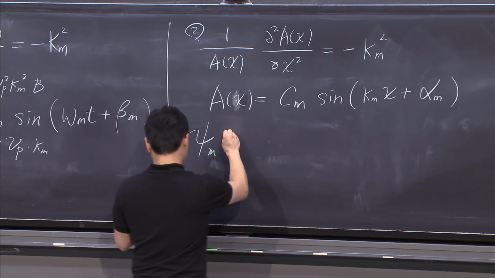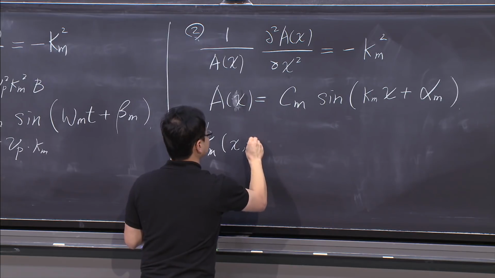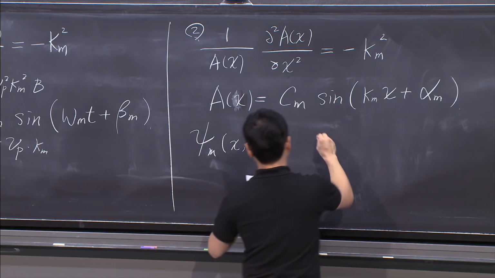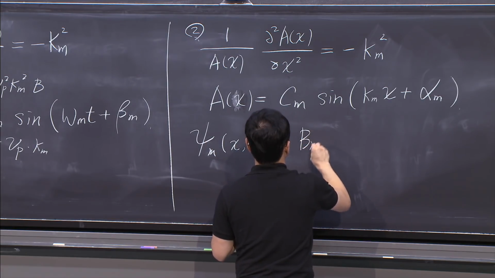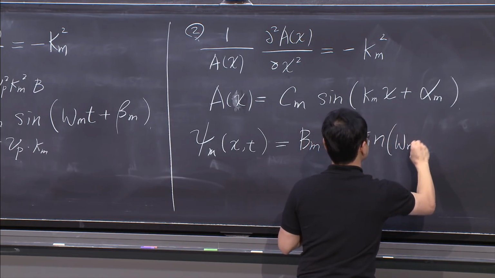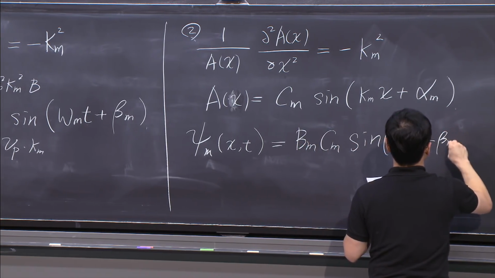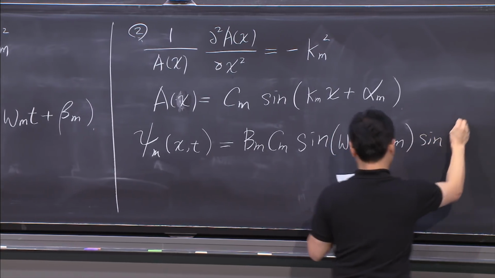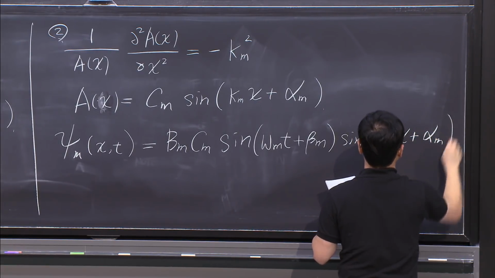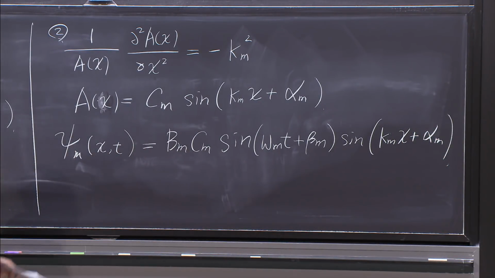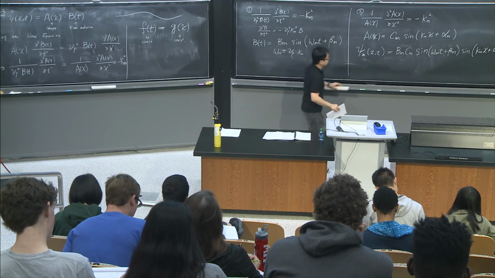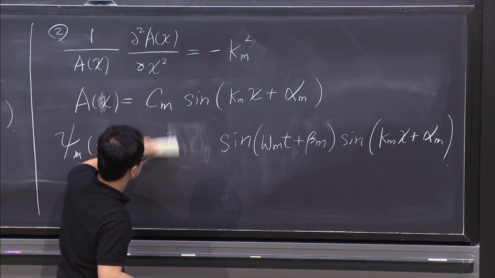Psi n as a function of x and t will be equal to Bn times Cn sine omega n t plus beta n, sine kn x plus alpha n. Bn and Cn are just arbitrary constants, right? Therefore, I can merge them, and I will call it just An.